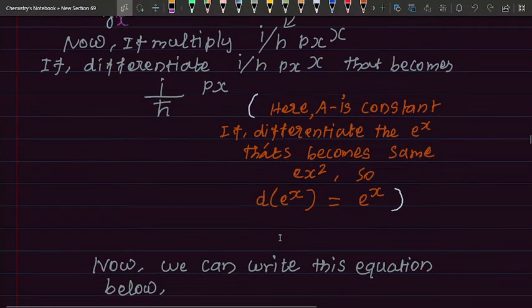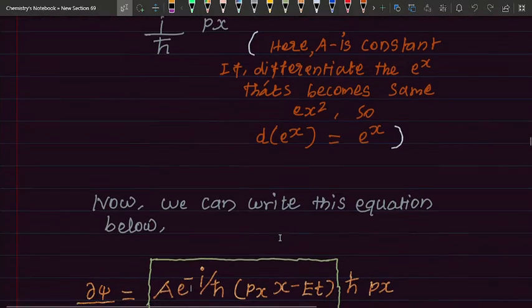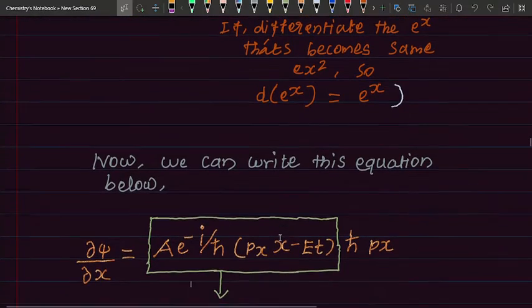Here A is the constant. If we differentiate e to the power x, it becomes the same e to the power x, so d e^x by dx equals e^x. Now we can write this equation below.